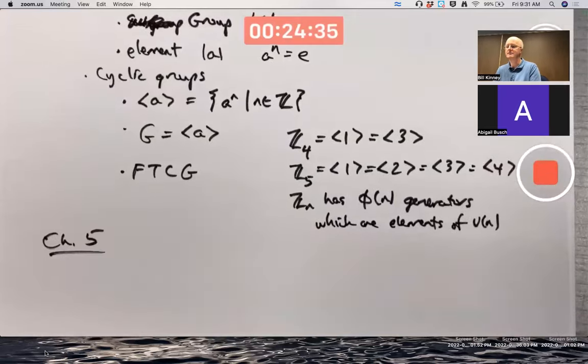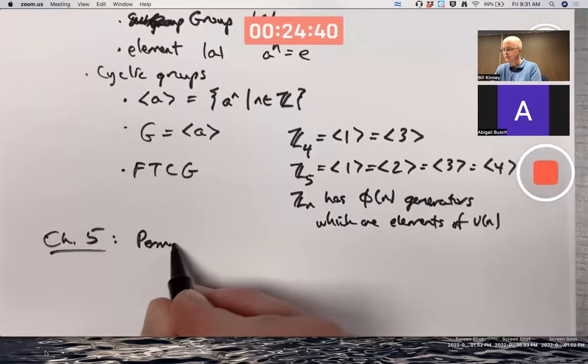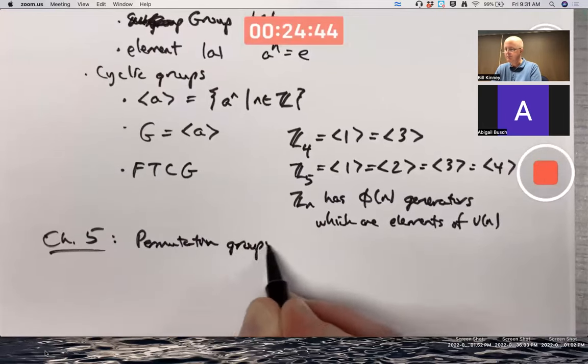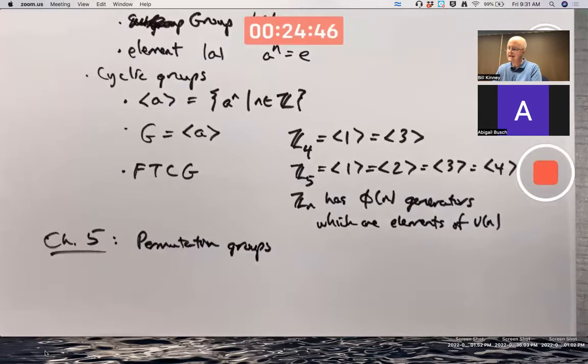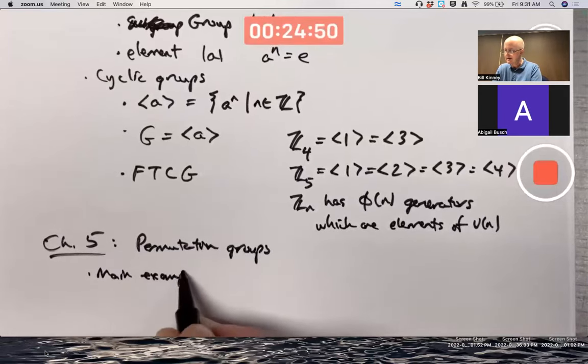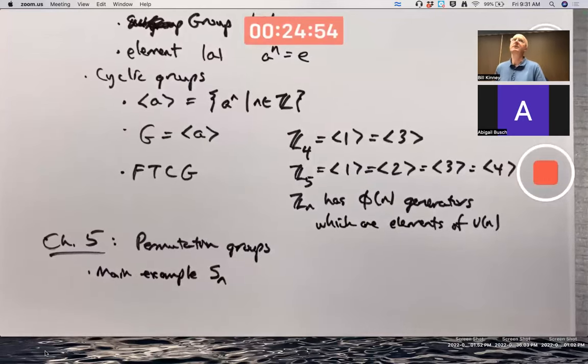Chapter 5, permutation groups. Our main example is Sn. Though you should realize there are other permutation groups. What's a permutation? A permutation is just a one-to-one and onto function from a set to itself. That's what a permutation is.